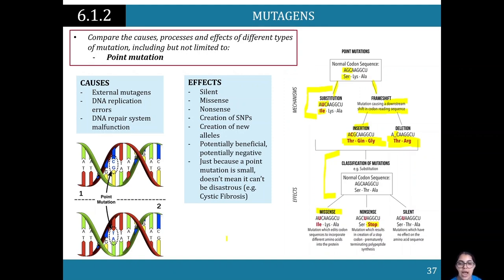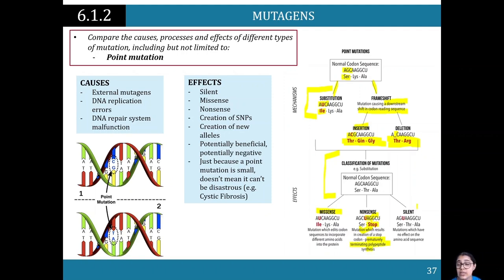It should pop up, and you could see, for example, that the codon here, AUAG, that is a stop codon. That is telling us that, okay, the process stops. And what it's done is, as you can see, it has prematurely stopped the process, and it has prematurely terminated the polypeptide synthesis.